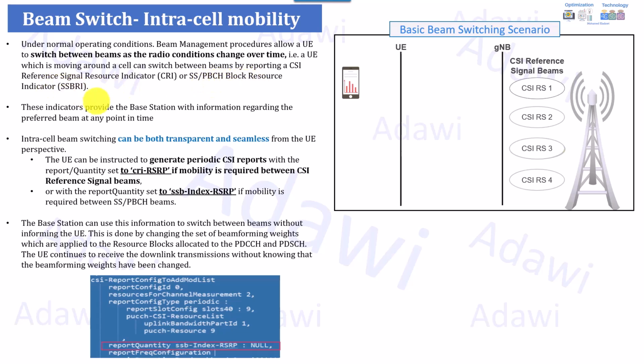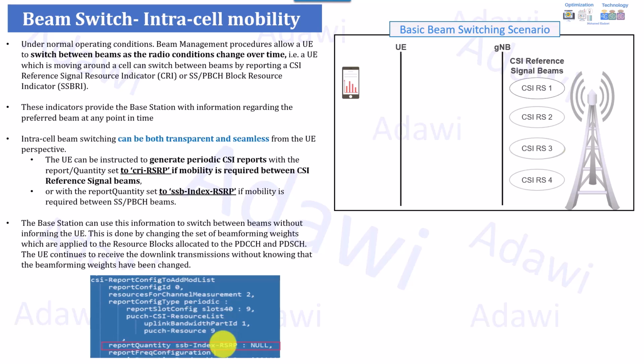What this means is that the gNB will deliver, within the RRC reconfiguration message, the report quantity, telling the UE: I will require you to report either the CRI or SSB-RI to be able to judge which beam you are going to be served from.